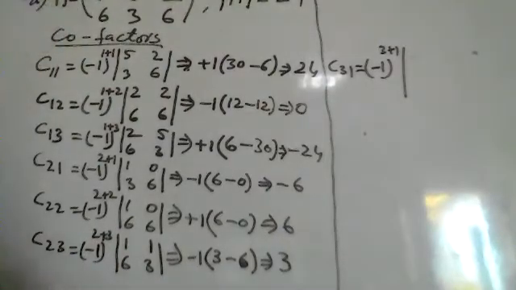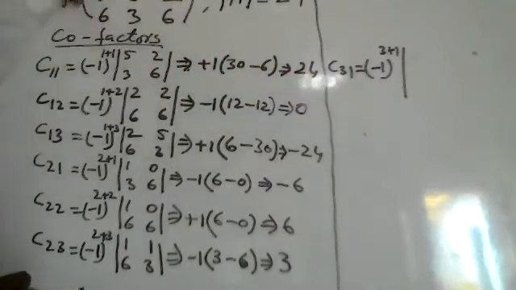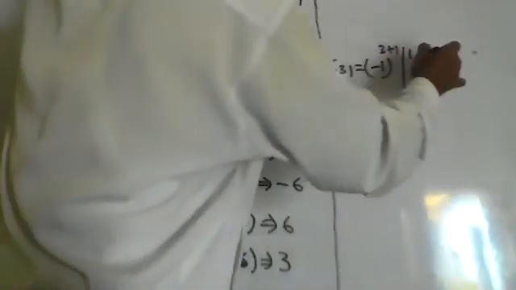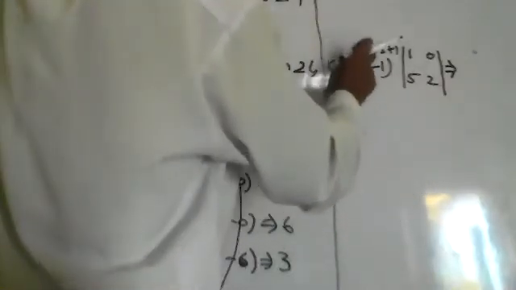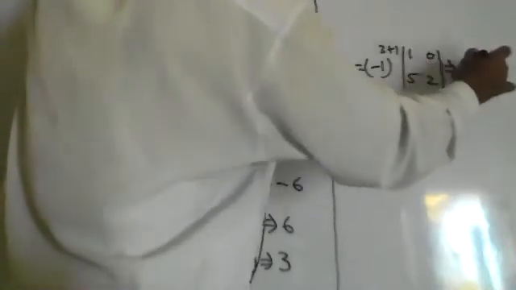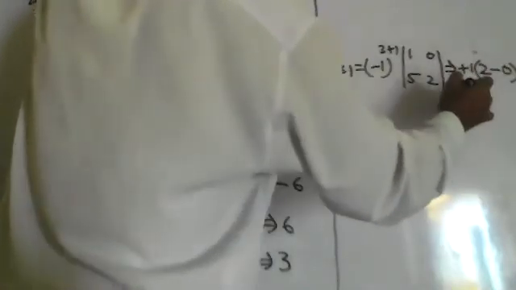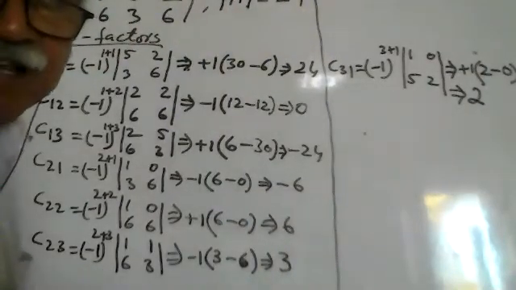We will leave the third row and the first column. The remaining 1, 0, 5, 2. It will become minus 1 raised to power 4 will be plus 1. Into 1 into 2 will be 2. Minus 0 into 5 will be 0. The answer is 2.